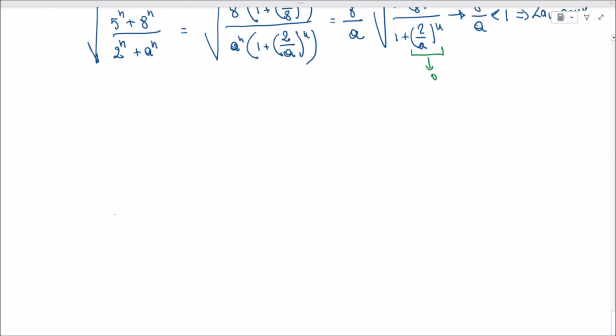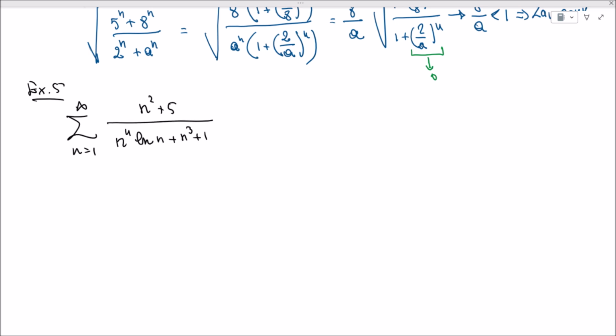Exercise 5. The sum, n goes from 1 to infinity, of (n squared plus 5) divided by (n to the fourth logarithm of n plus n to the cube plus 1).